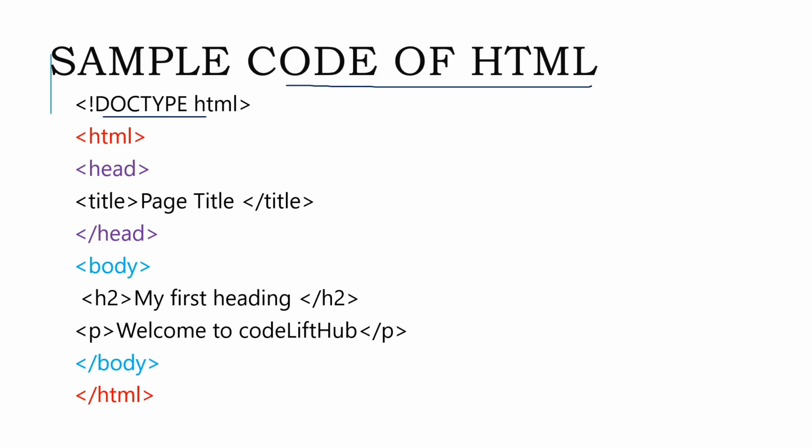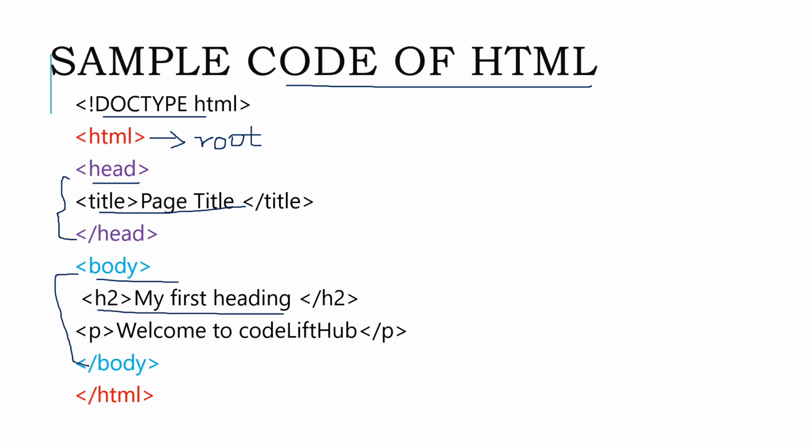The order of the code and the tags is necessary. First, the declaration of code. Every element, the head tag and body tag, should be written under the root tag HTML.